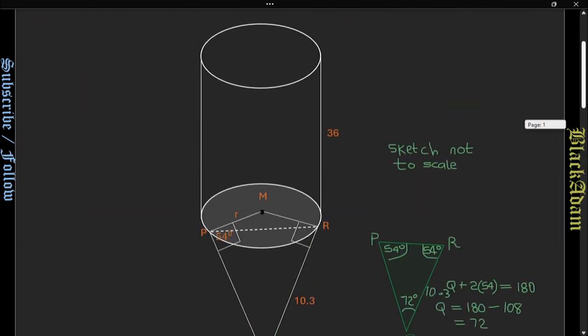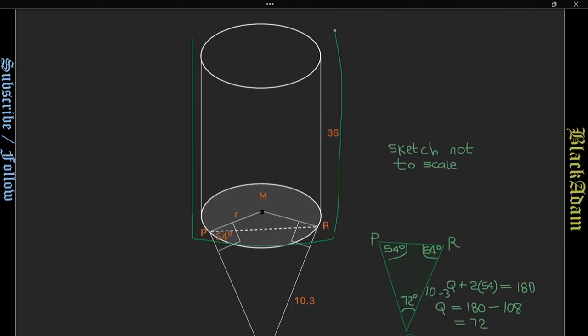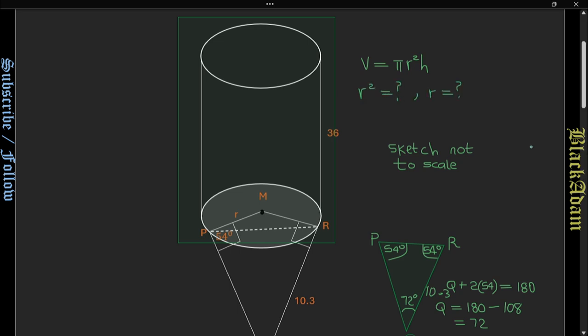I showed all the steps just for understanding, but it's much easier and faster if you're doing it for yourself. So volume is pi r squared, which is the area, times height, so we need to find r.